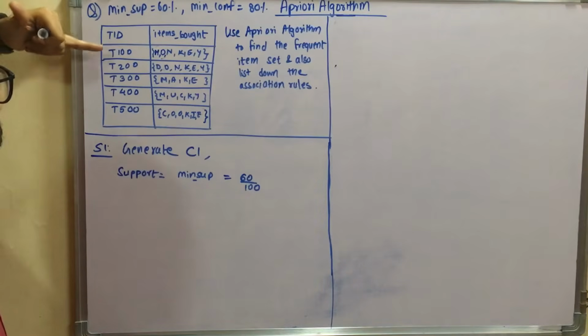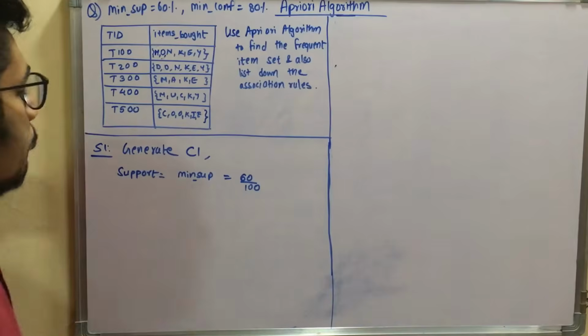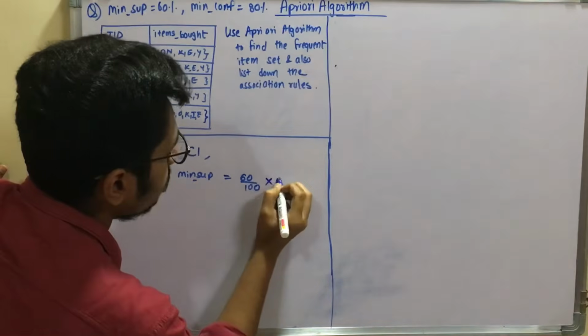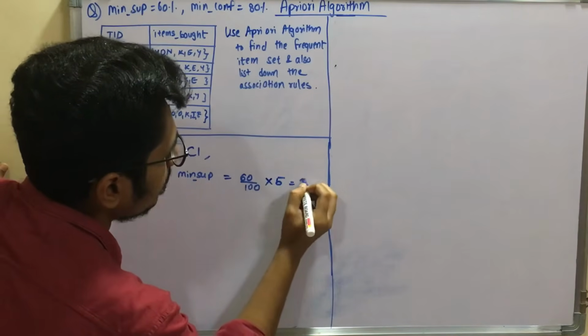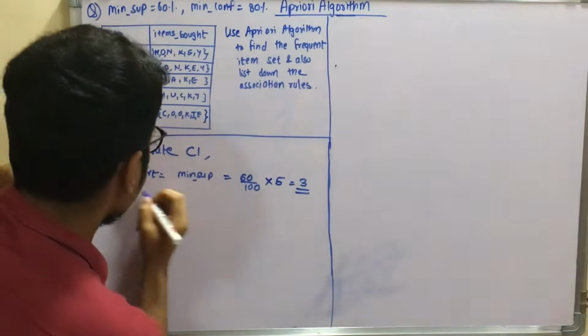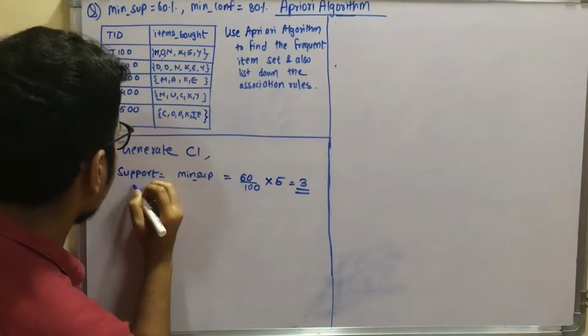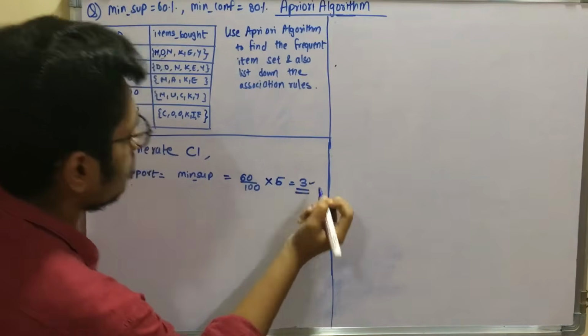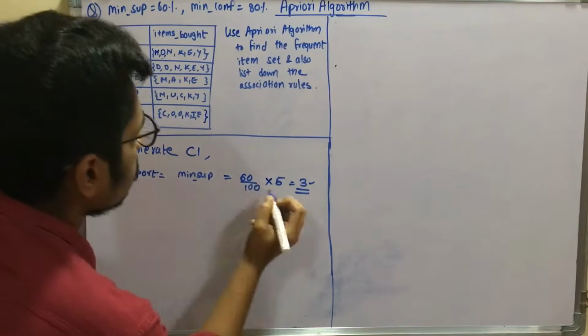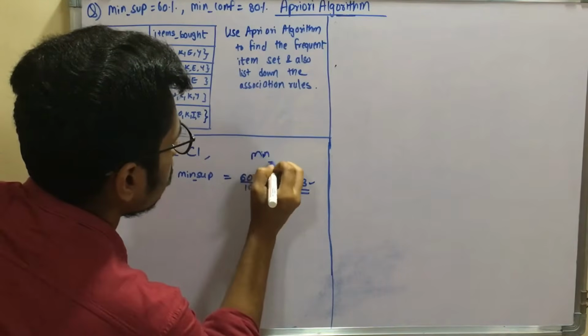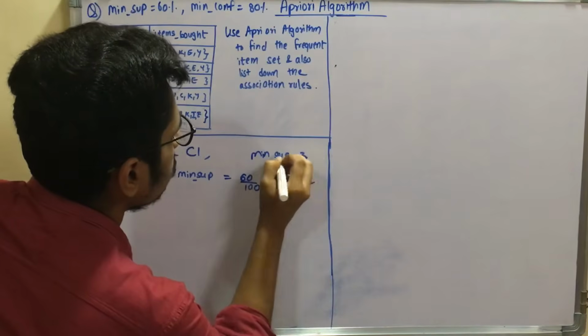In this you have 1, 2, 3, 4 and 5, so you have 5 different transaction IDs, and so it will be 60 into 5 divided by 100, which is 3. So we have the minimum support. I'll write here that the minimum support is 3, that is min support is equal to 3.